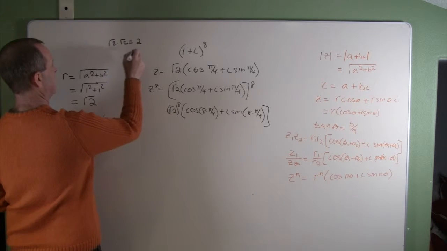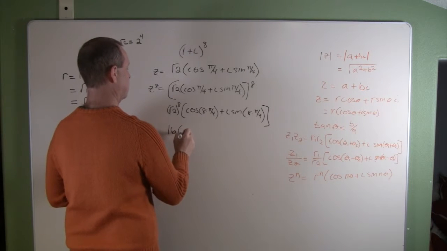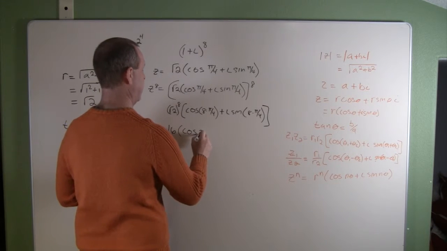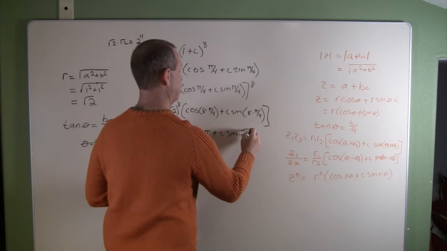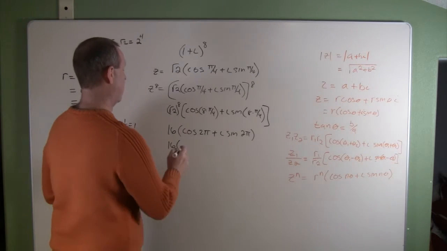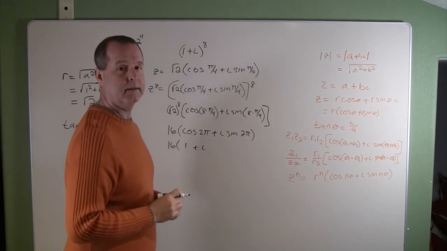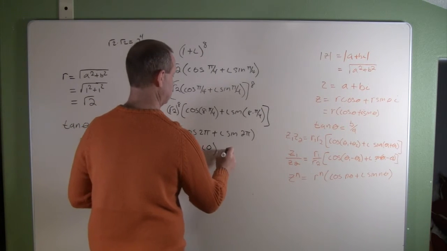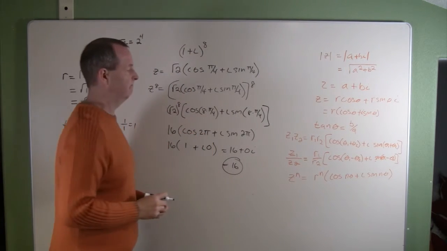I'm going to do that 4 times, 2 to the 4th, 16. 16 times cosine of 8 pi divided by 4 gives me 2 pi, plus i sine of 2 pi. 16 times cosine of 2 pi was a 1, plus i times sine of 2 pi, which is 0. So that could be 16 plus 0i, or just 16.